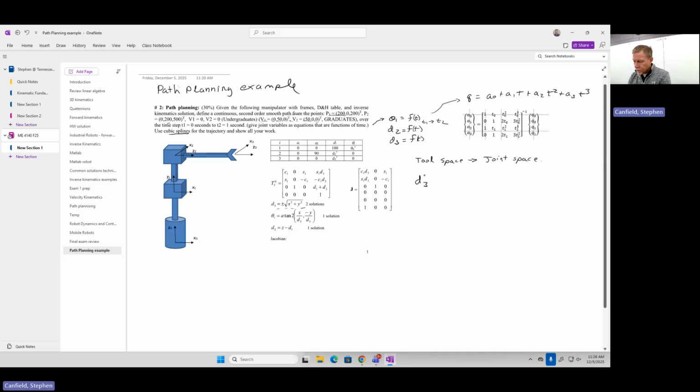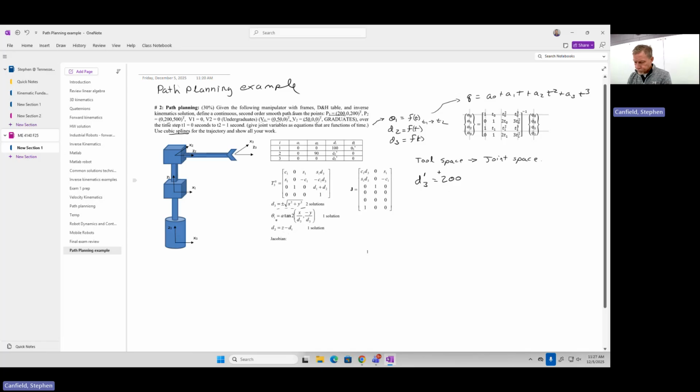At time 1, D3 is plus or minus the square root of x squared plus y squared. At time 1, x is 200, y is 0. So D3 is 200. I'm taking the positive solution.